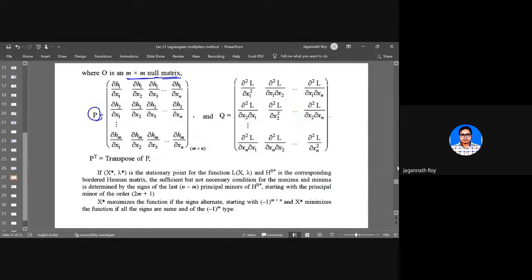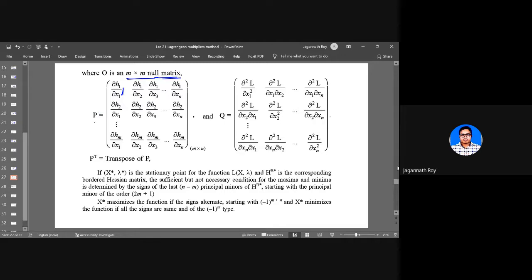And P is a matrix containing first order derivatives; in fact, you can call it a Jacobian, because we know that it takes the Jacobian transpose of H1, H2, up to Hm.